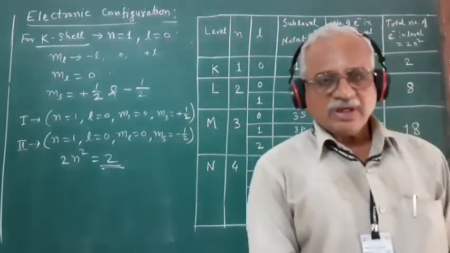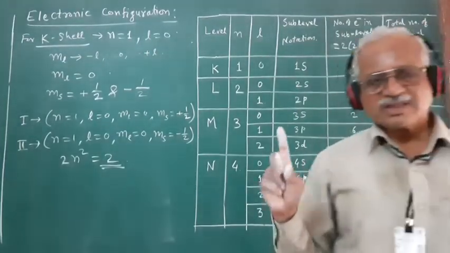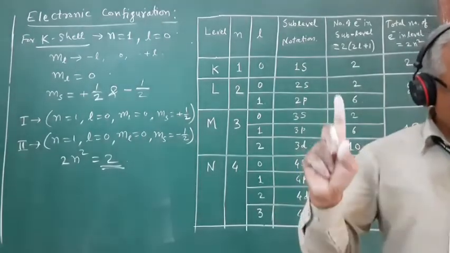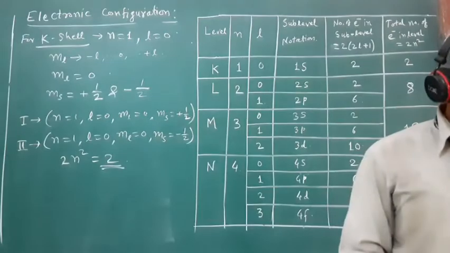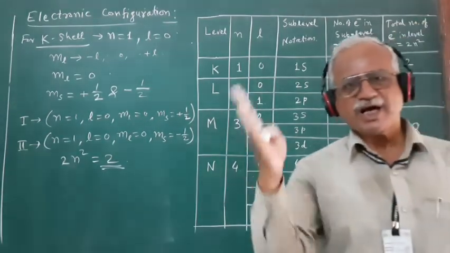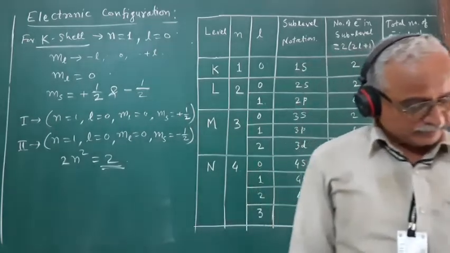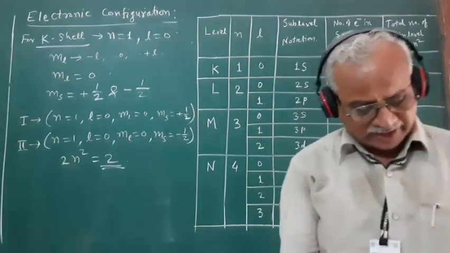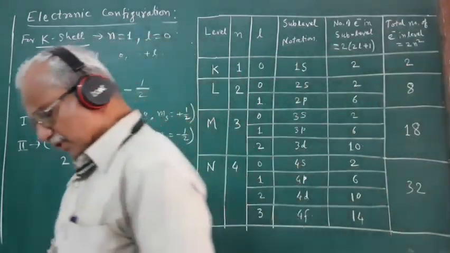So depending on the value of ms, this spin moment vector is either directed in the upward direction or in the downward direction, and that is called the spin up state and spin down state.